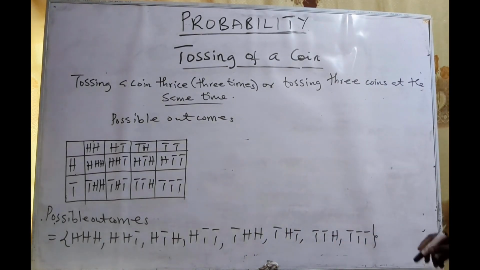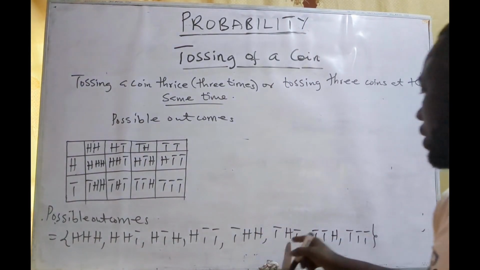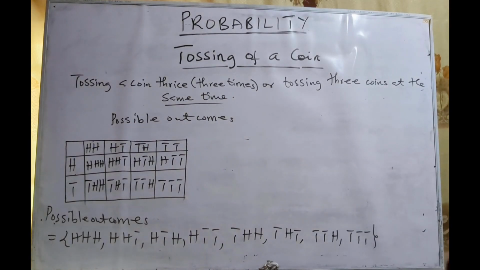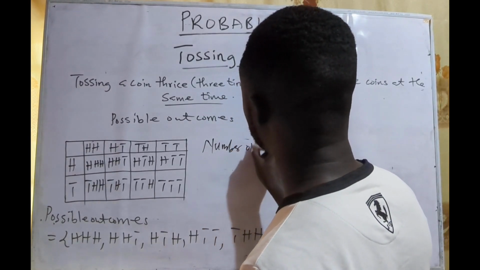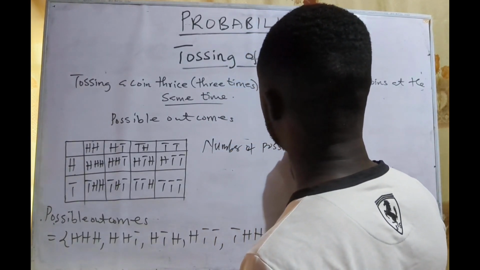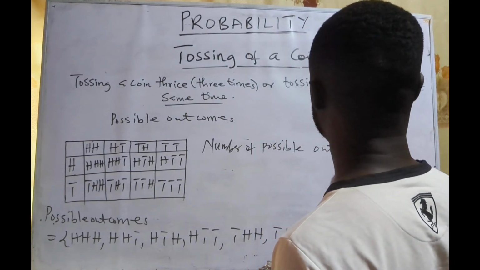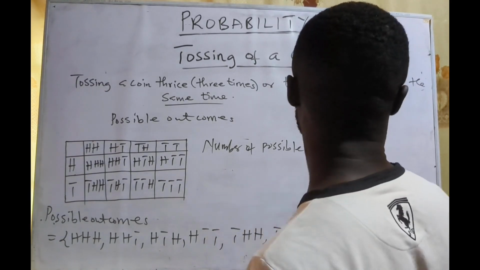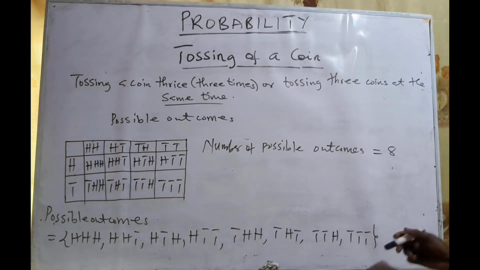So this will be our possible outcomes: 1, 2, 3, 4, 5, 6, 7, 8. So we have 8. The number of possible outcomes is equal to 8.